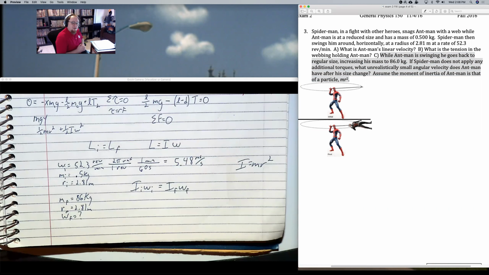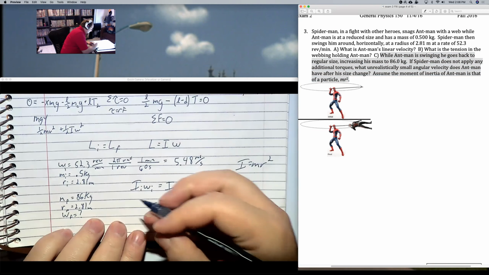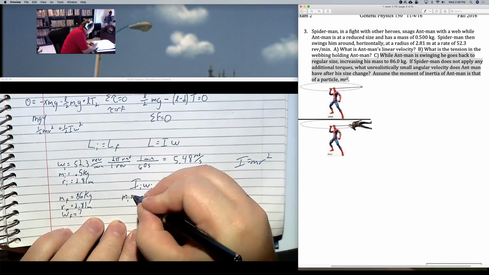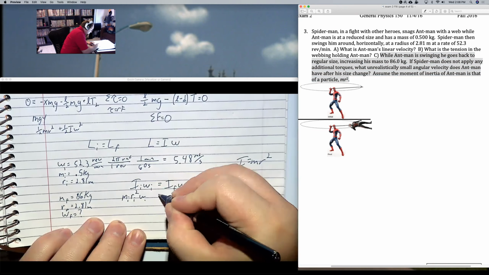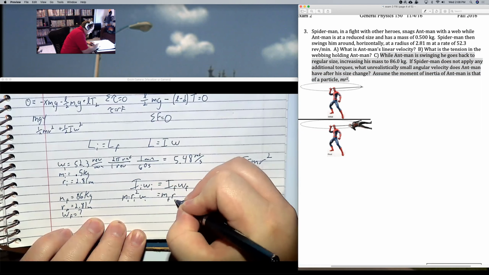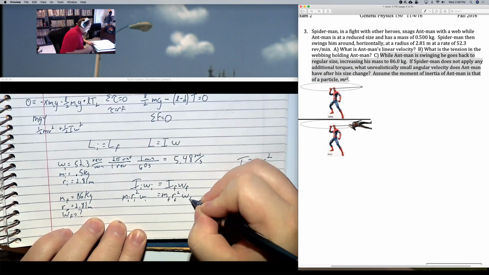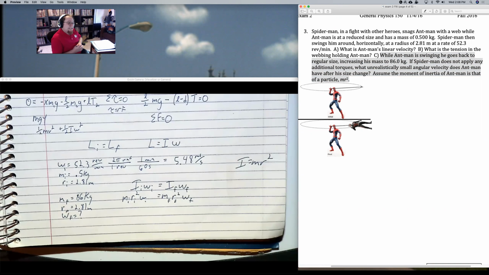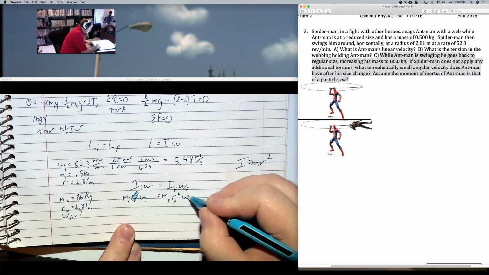What I would do is I'll say this I here, that's the moment of inertia. And for each I, I'll just plug in m r squared. Now, in this case, r doesn't change. In this case, r initial is the same as r final. And so I can divide both sides by r squared, and they'll just cancel out since they're the same.